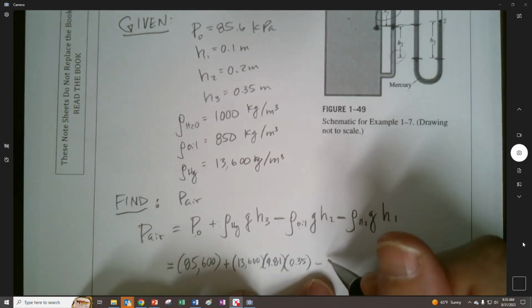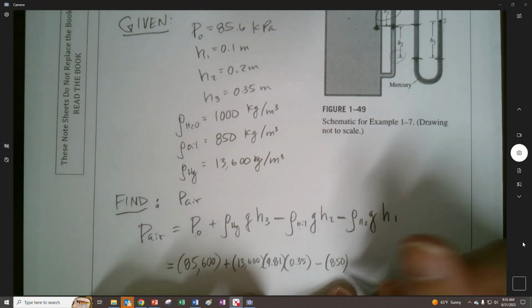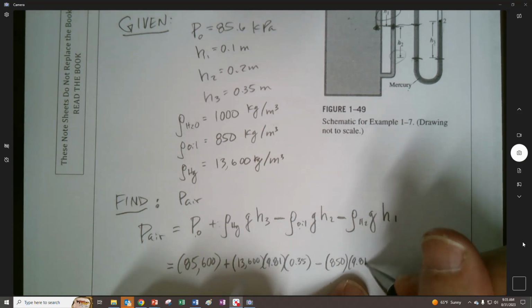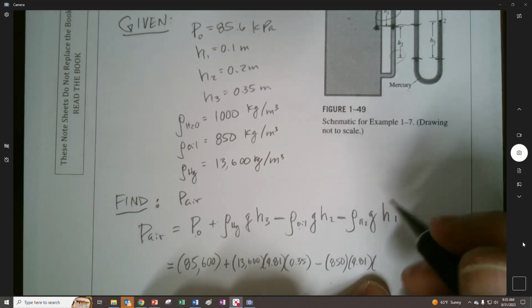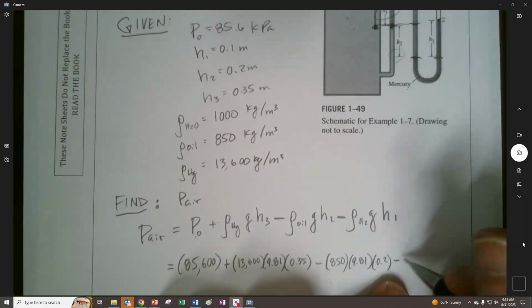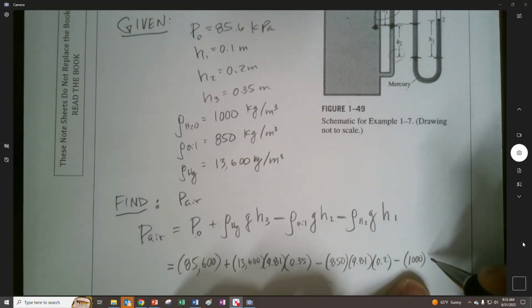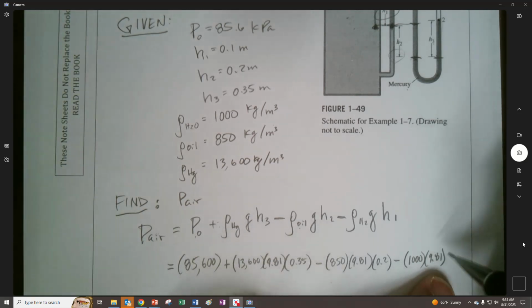Now we go to minus, we go to oil, 850, 9.81, and h2 is 0.2. And then lastly, minus 1,000, this is water, 9.81. And what is h1? h1 is just 0.1.